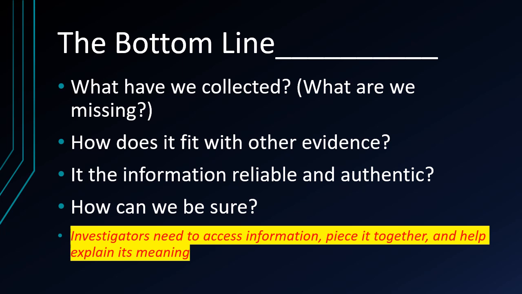We always need to find authentic and verifiable information, because if we include information that's false or misleading, we will be doing a disservice to the client and ourselves, as well as possibly violating our professional ethical obligations. Having a skeptical mindset is very important, and that's why we always need to be asking, how can we be sure?